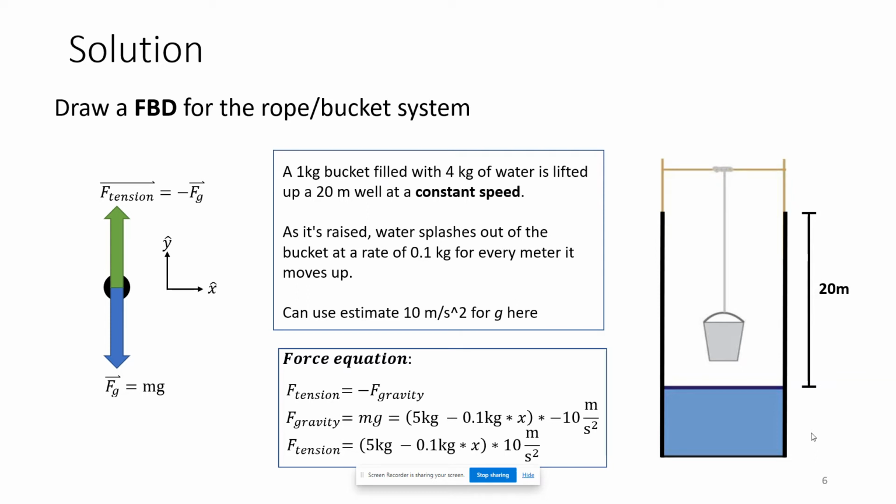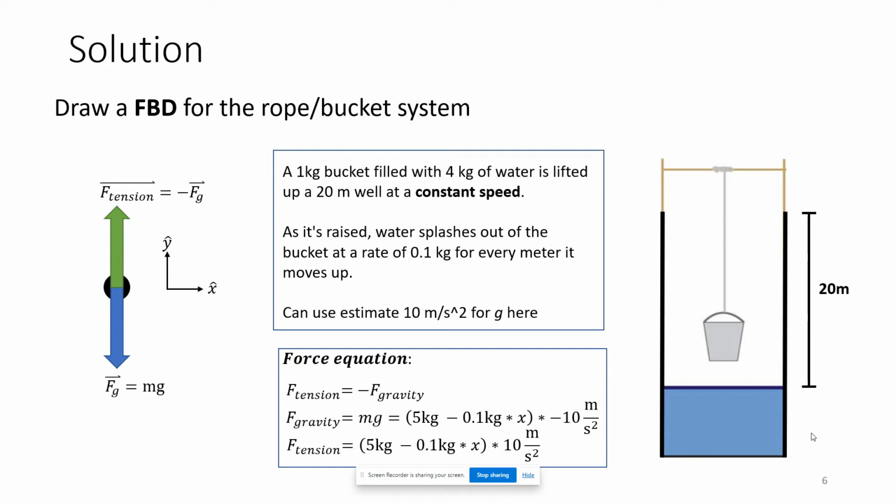Our free body diagram is only going to have 2 forces. On the bucket, we're going to have the force of gravity, which is equal to mg, and the force of tension, which is equal to the negative force of gravity. We know that because it's counteracting it. We can solve for the force of tension equal to the negative force of gravity.